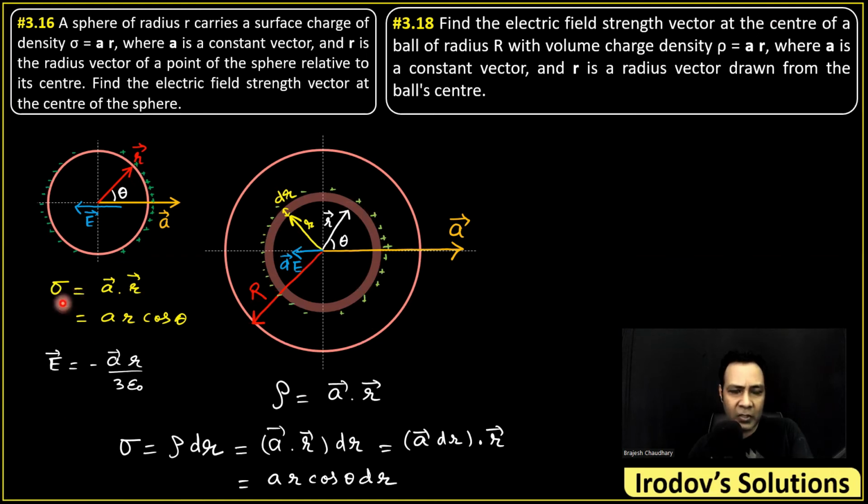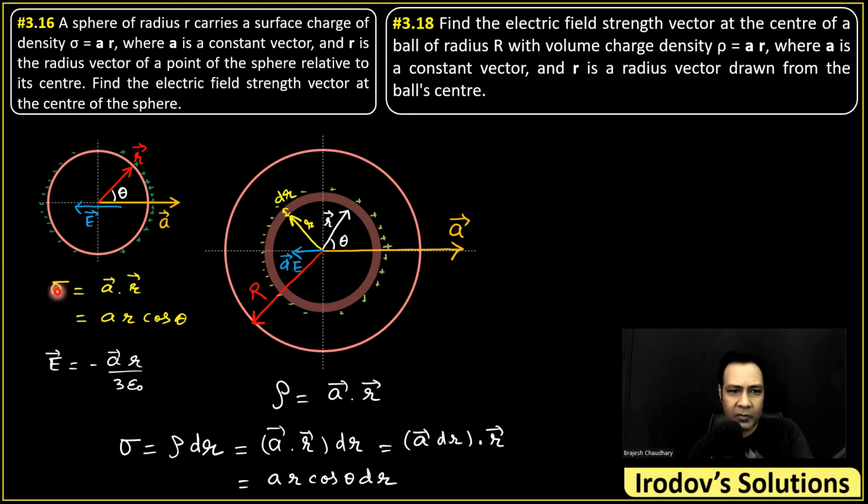So if sigma was a dot r, E was minus a vector R by 3 epsilon naught. Now sigma is equal to a vector dr dot r. Compare again: sigma was a dot r, and now in place of a vector I have a vector times dr. Its direction is obviously along the a vector.